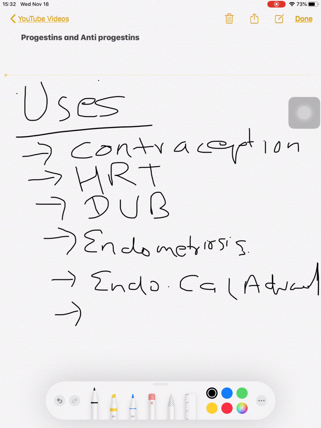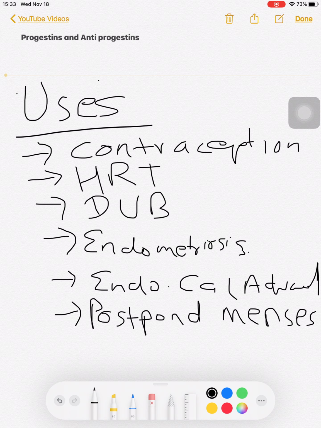Once you stop, withdrawal bleeding occurs within 72 hours of drug stoppage. You can use progesterone or a combined hormonal contraceptive to postpone menses.